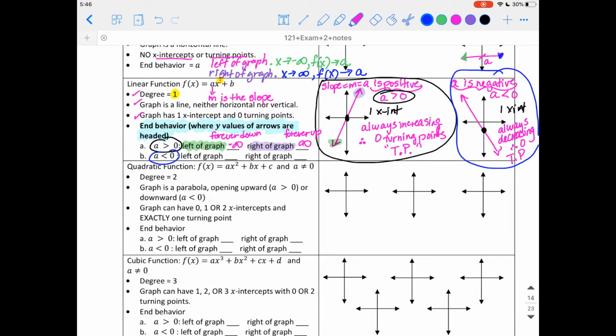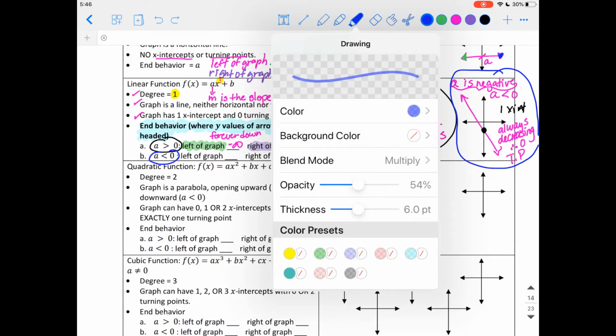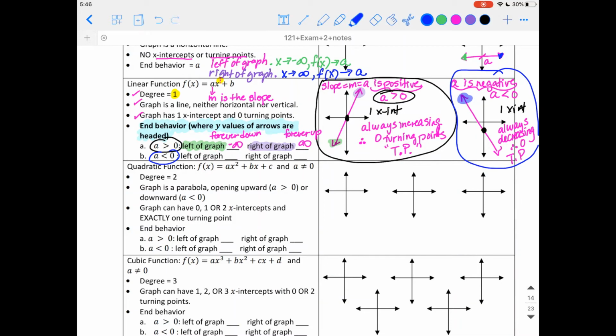So the left of the graph, this part of the graph right there, is headed forever up. So forever up is going to be infinity. So I'm taking this really slow.